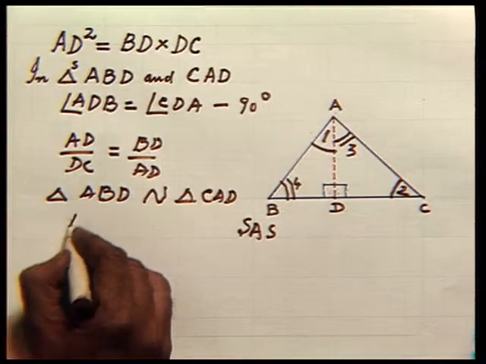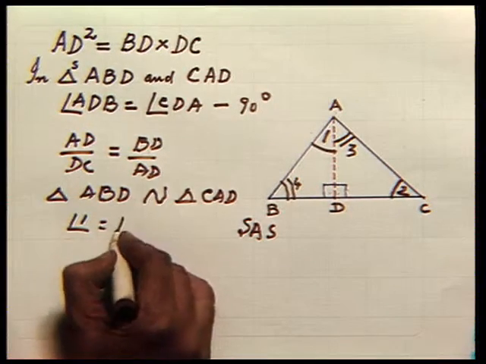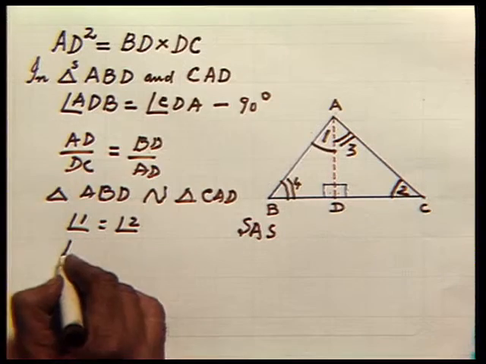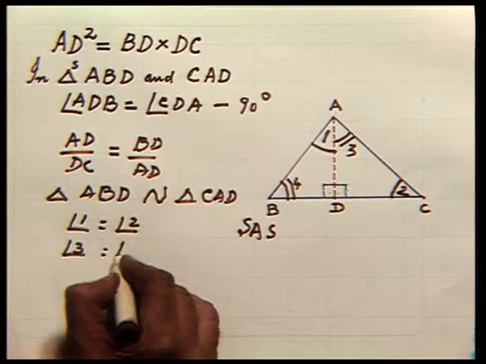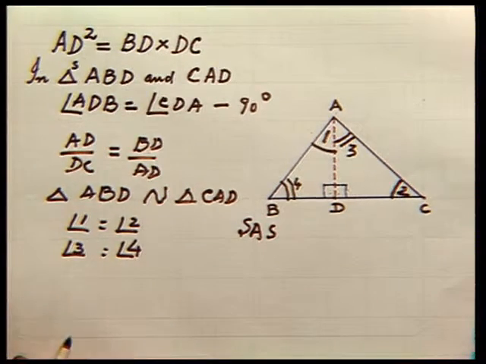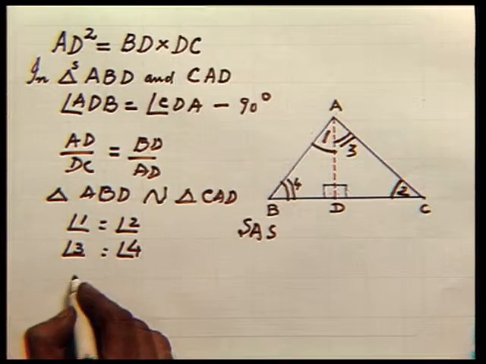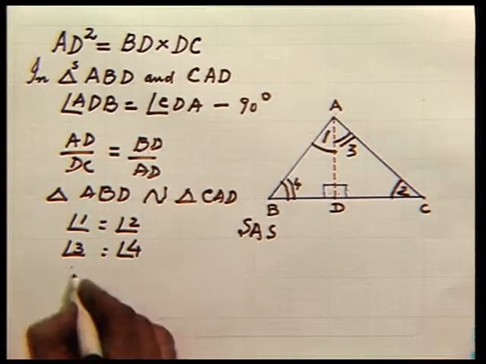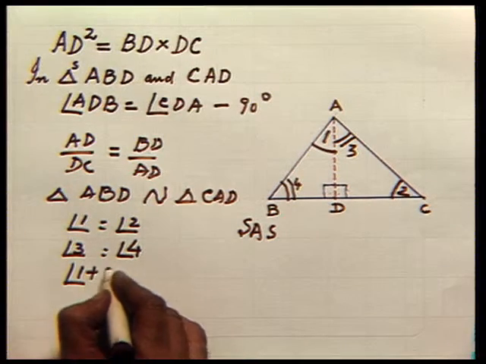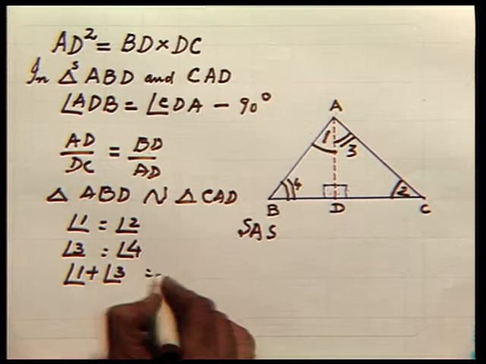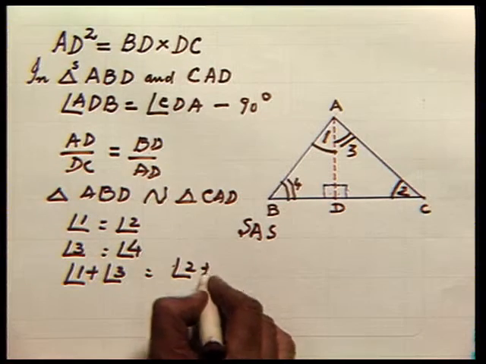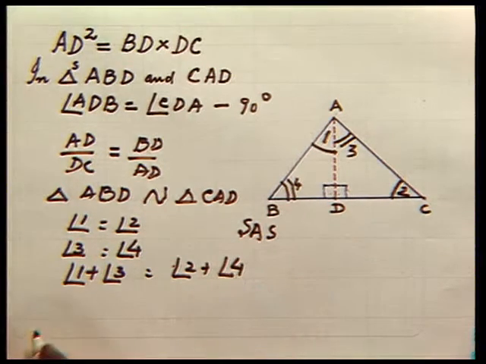So, we find that angle 1 is equal to angle 2, and angle 3 is equal to angle 4, for the obvious reason that the triangles are similar, so their corresponding angles have to be equal. Now, adding these two, we get angle 1 plus angle 3 is equal to angle 2 plus angle 4.